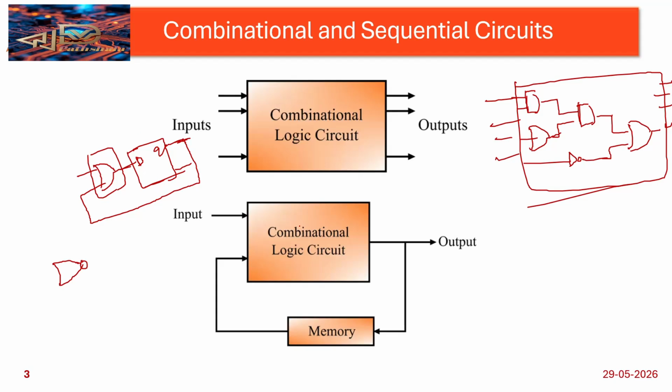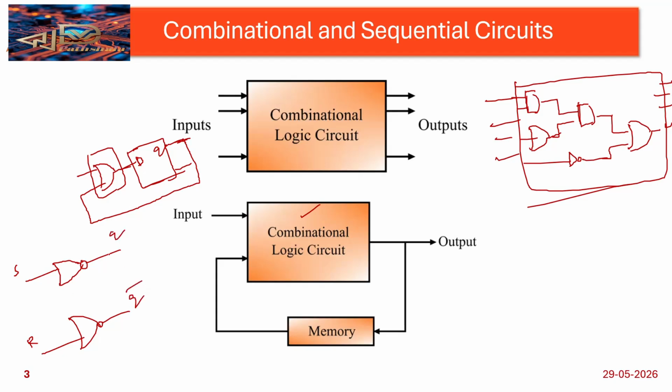See, this is the combinational circuit I am giving. So how am I designing the flip flop like this? This is my combinational circuit, the NOR gate is my combinational circuit, and this is my combinational circuit. Here I am taking an SR flip flop type of circuit, and I get outputs Q and Q bar.